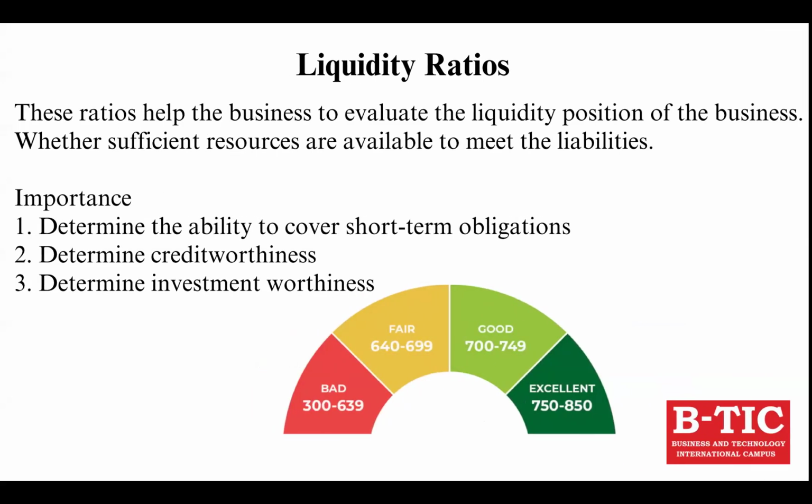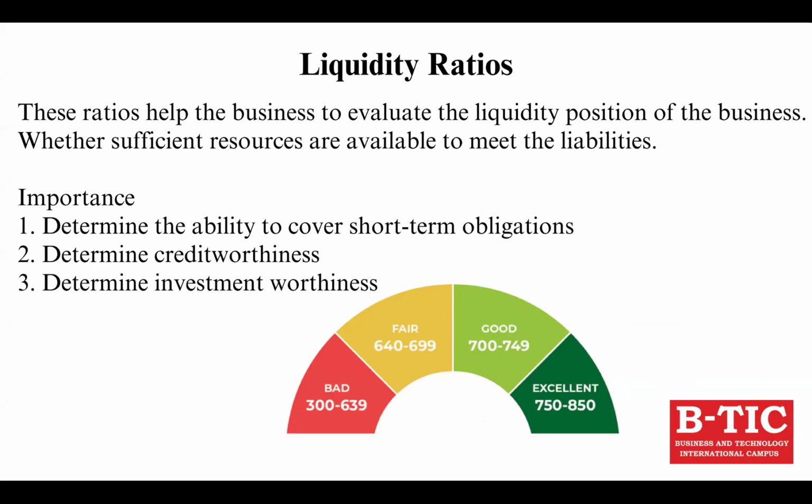What do liquidity ratios do? These ratios help the business to evaluate its liquidity position, whether sufficient resources are available to meet the liabilities. How fast can the company convert their resources into cash?